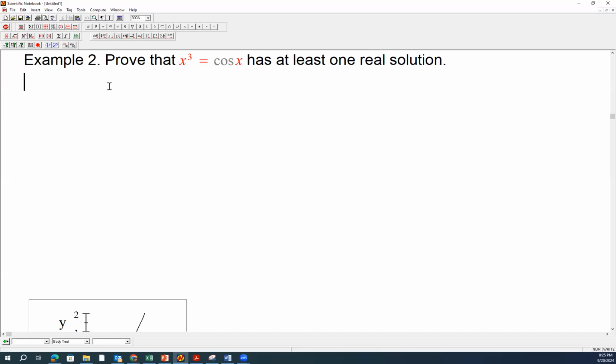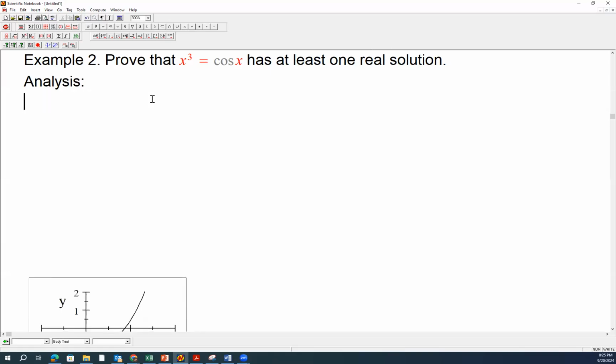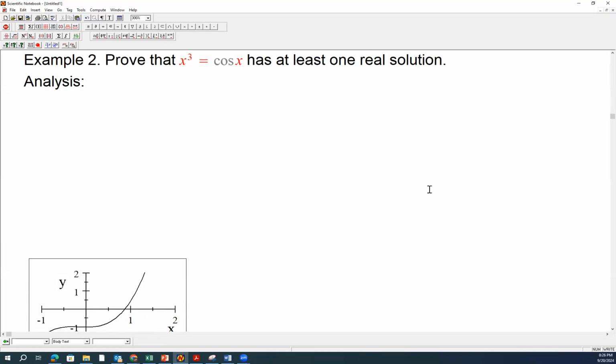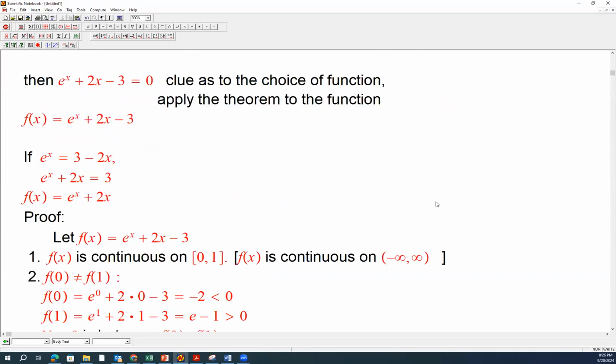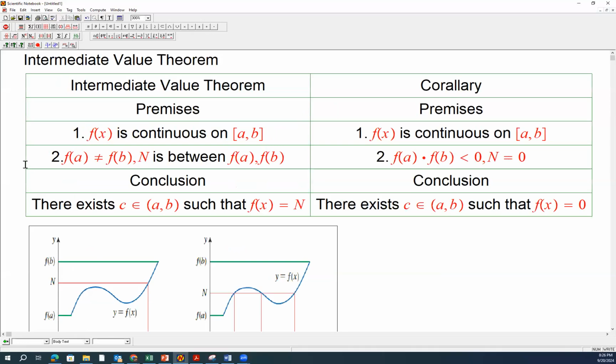So in this case, let's do the analysis part. The analysis part is something I scratched out on my scratch paper. You don't need to show it. Wait, where did I put it?